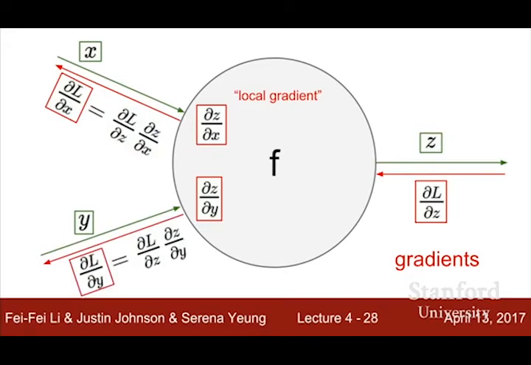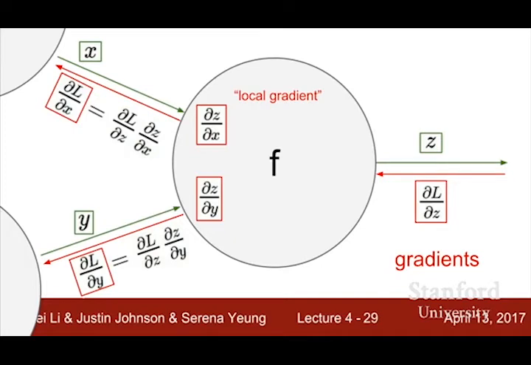Okay, so now the gradient of L with respect to y, we have exactly the same idea, where again we use the chain rule. We have gradient of L with respect to z times the gradient of z with respect to y, right? We multiply these together and get our gradient. And then once we have these, we'll pass these on to the node directly before, connected to this node.